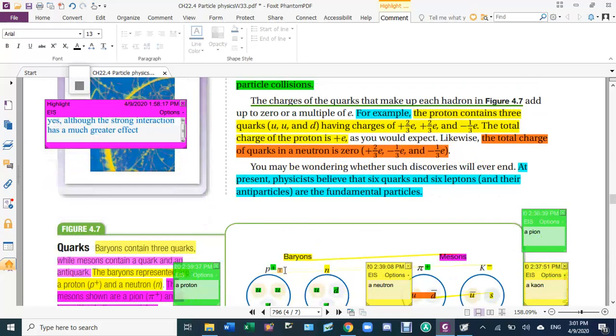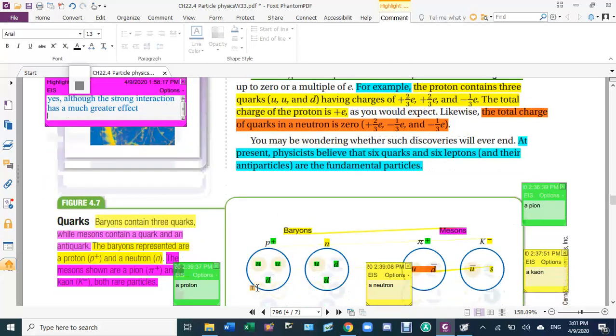For example, particle collisions. Now the charge of quarks: up, up, down. Plus 2/3 e, plus 2/3 e, and minus 1/3 e. The total charge of the proton is positive e.